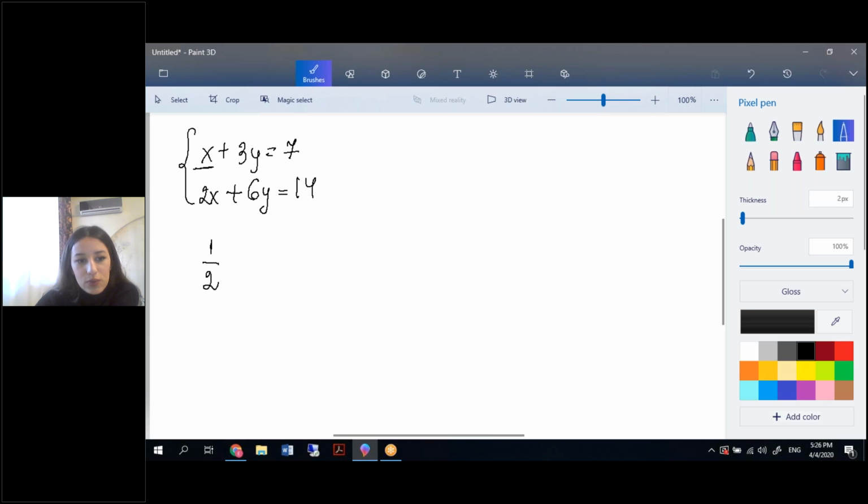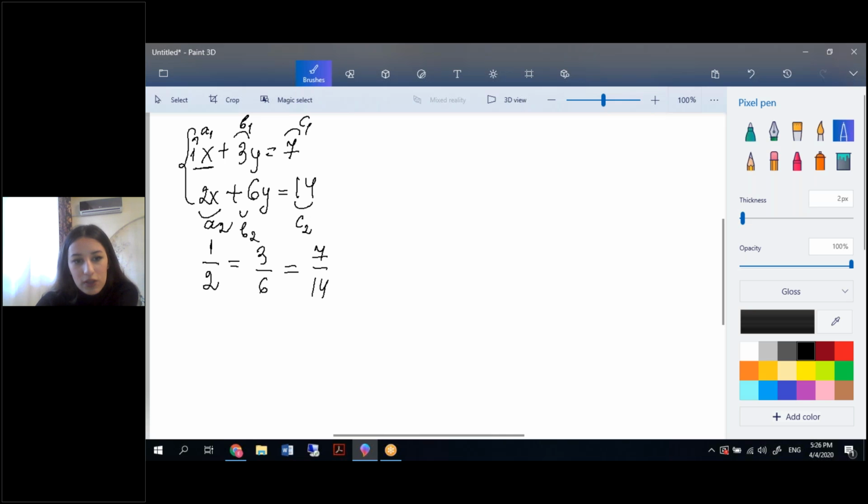So 1 divided by 2, 3 over 6, and 7 over 14. These are a1, b1, and c1 and a2, b2, and c2 respectively.